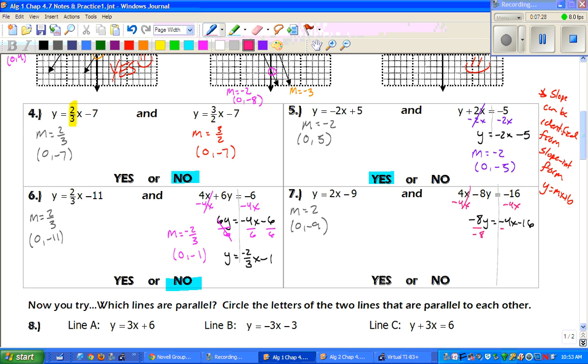We have to divide everything by -8. y equals, a negative divided by a negative is positive, so 1/2 x plus 2. Our slope is 1/2. The y-intercept is (0, 2). Are those the same? No.